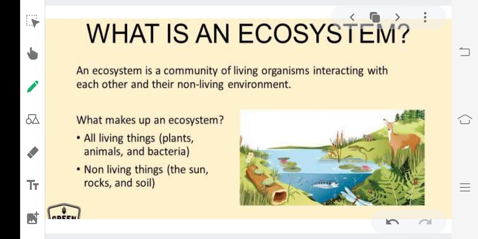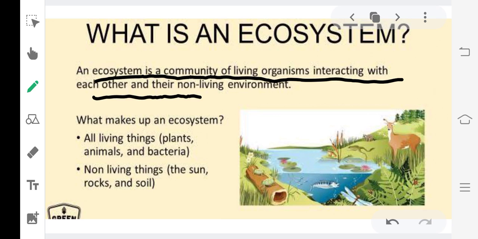Next, what is ecosystem? I previously spoke about that. An ecosystem is a community of living organisms interacting with each other and their non-living environment. What makes up an ecosystem? All living things: plants, animals, and bacteria.